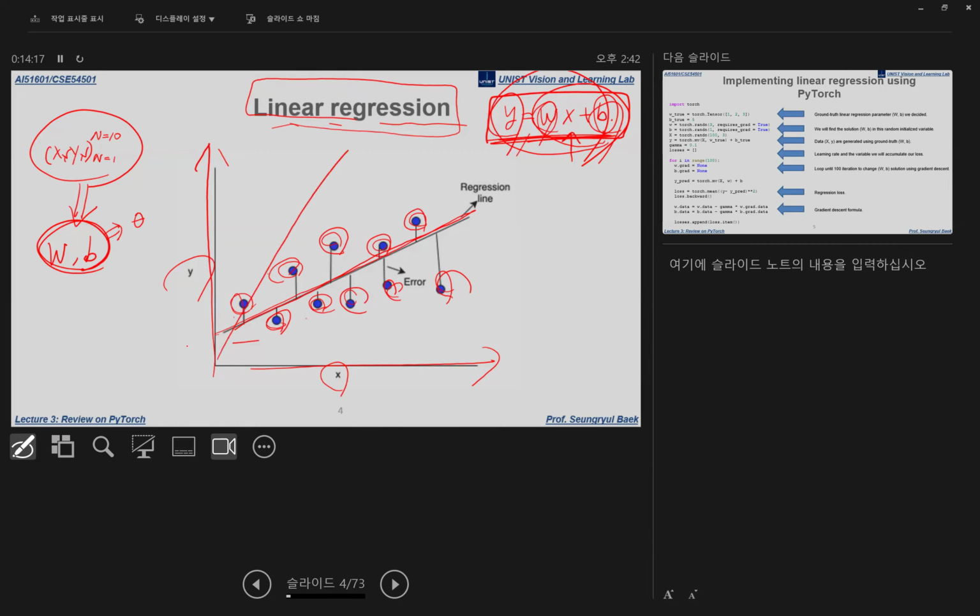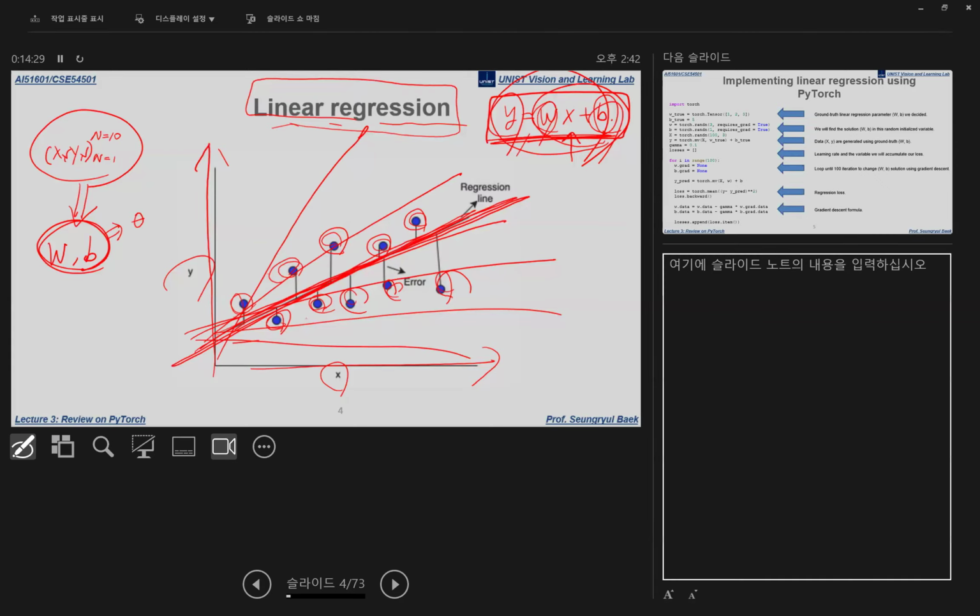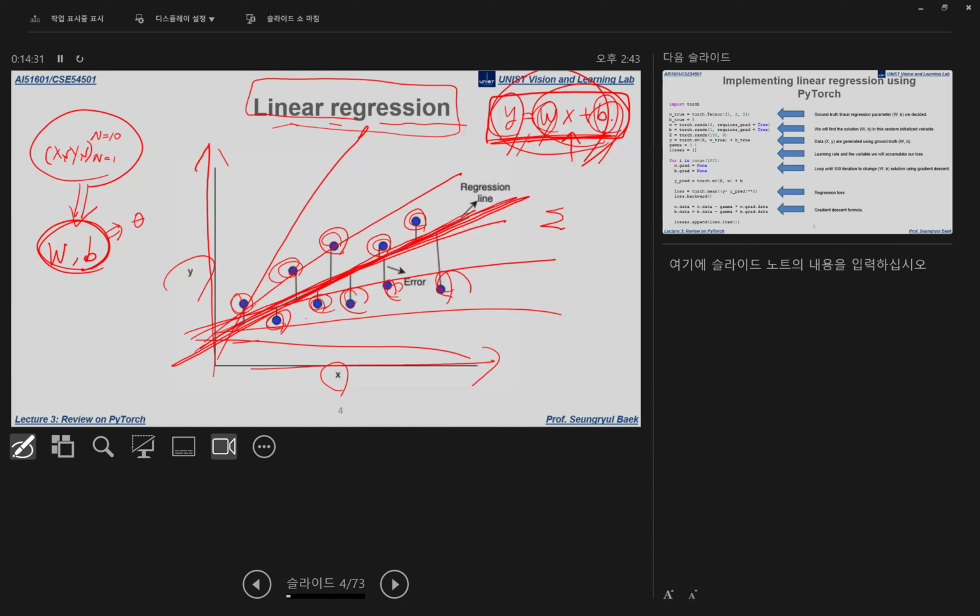There could be a lot of possible straight lines in this 2D space, but the one selected is the one that minimizes the loss. The loss L is defined by the distance between the predicted value and the ground truth value for that data point.